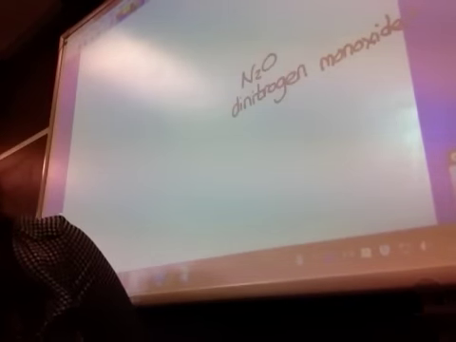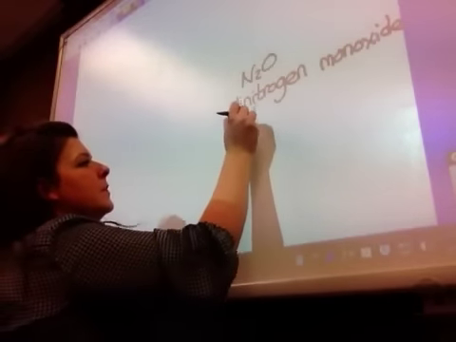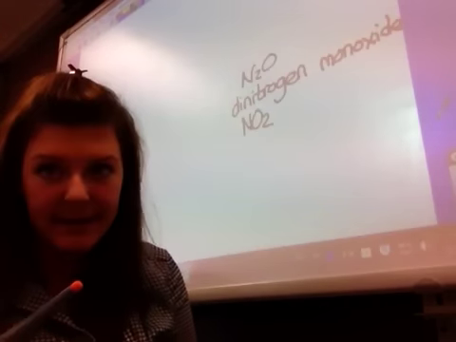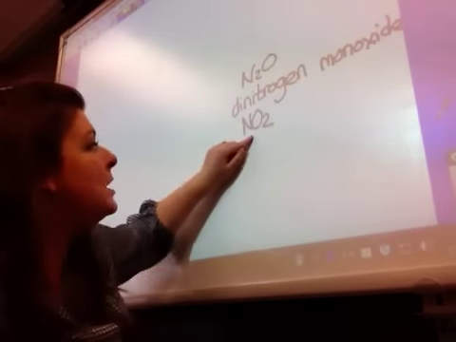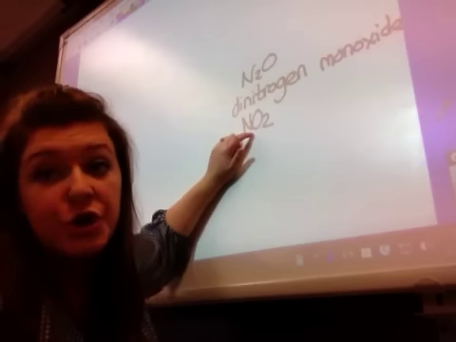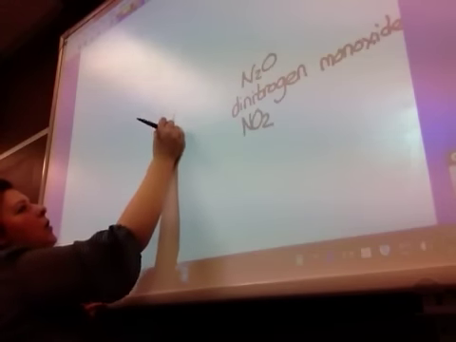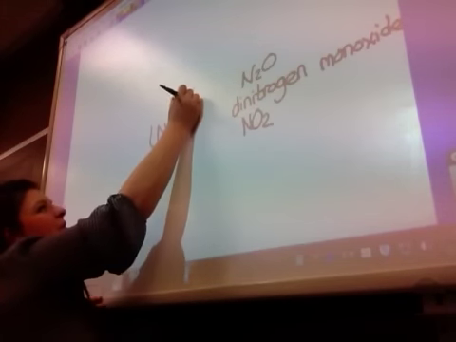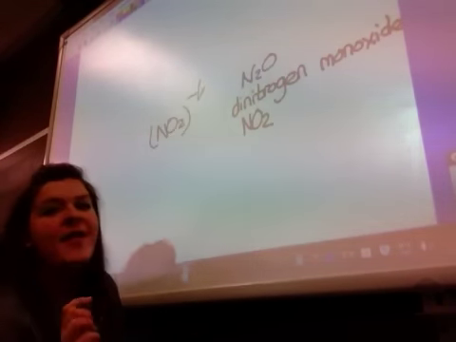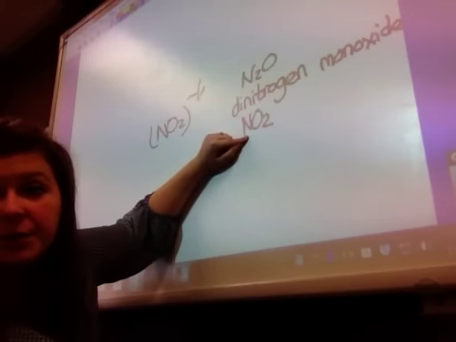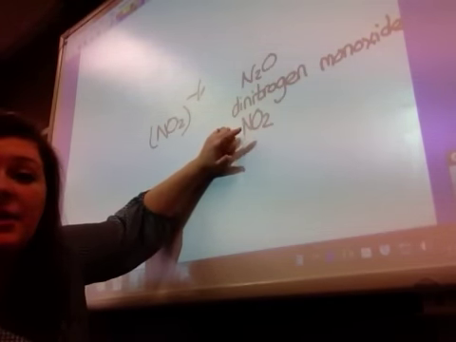The next one says NO2. Now note that this is not nitrite because NO2 here does not have a charge next to it. So if I had NO2 with a -1 charge, then that would be nitrite. But this doesn't have a -1 charge on it, so this is a molecular compound.